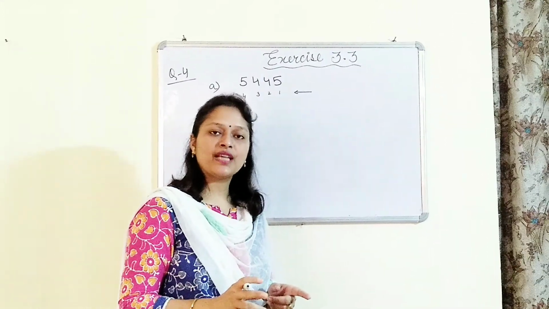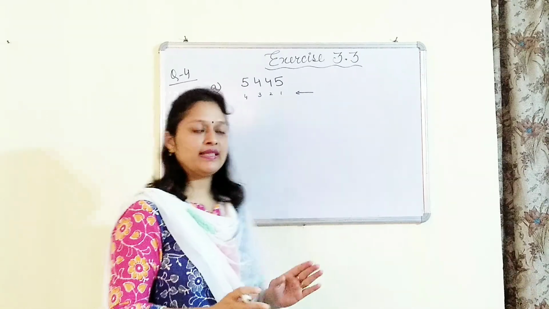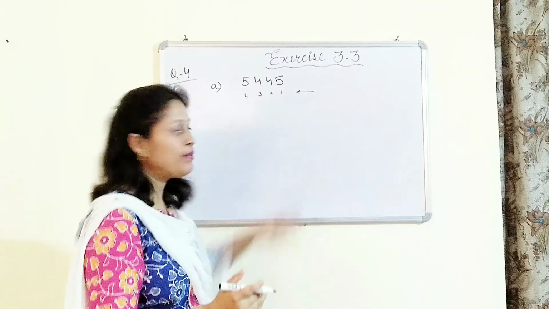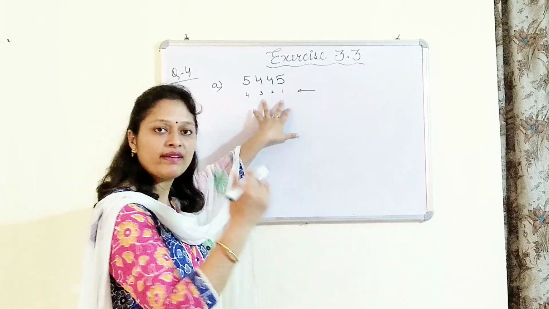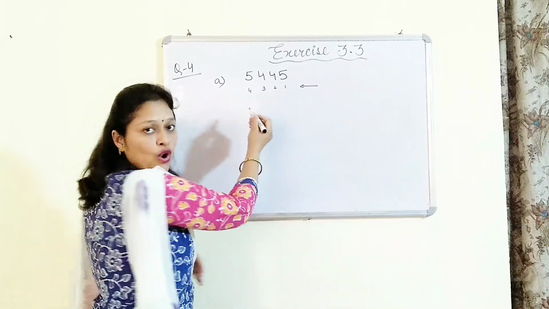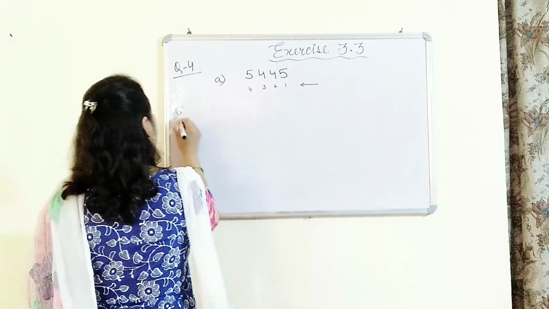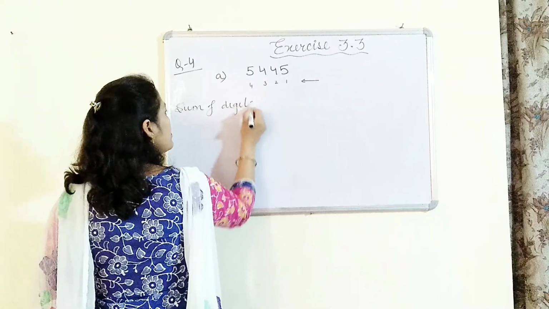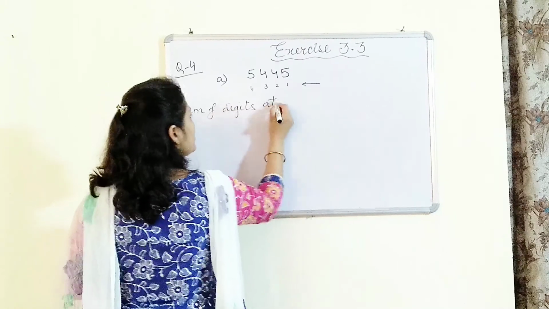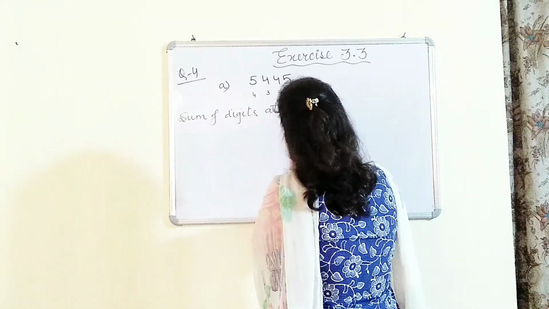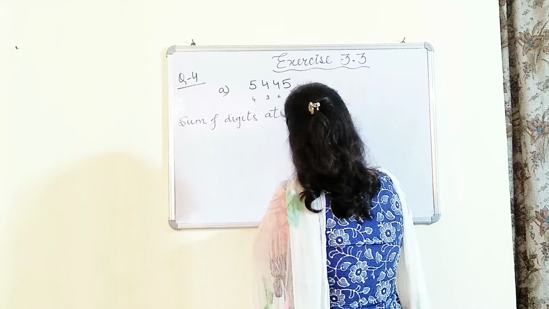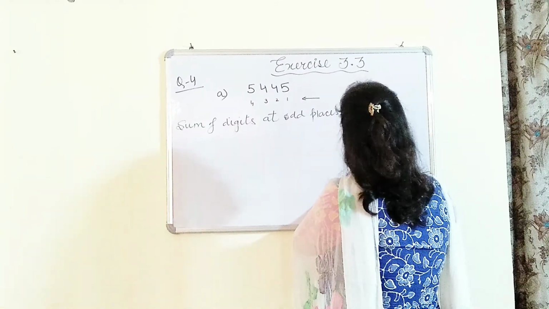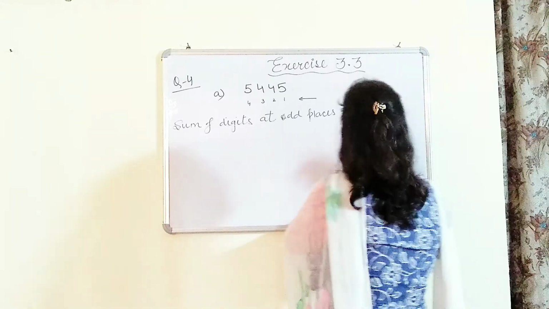You have to find the sum of digits which are at odd places, like the first and third digit from the right side. 1 and 3 are the odd numbers. So you will write: sum of digits at odd places is equal to 4 plus 5. It will give you 9.